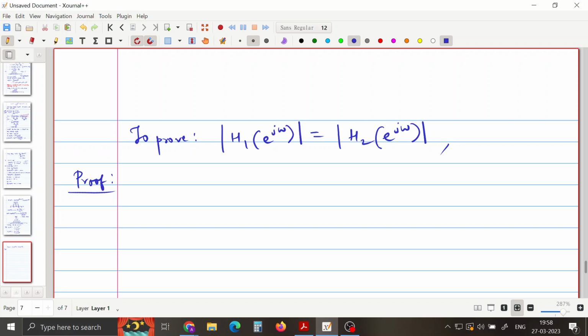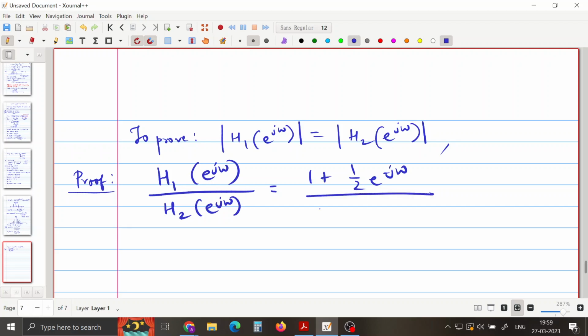That's fine. Or what I am doing is just simply taking their ratios first and then taking the magnitude and showing that that ratio is actually 1, so both their individual magnitudes are equal. So basically what I am doing is I am taking the ratio of these two frequency responses, and from the given expression, if you just take their ratio, it is coming out to be like this.